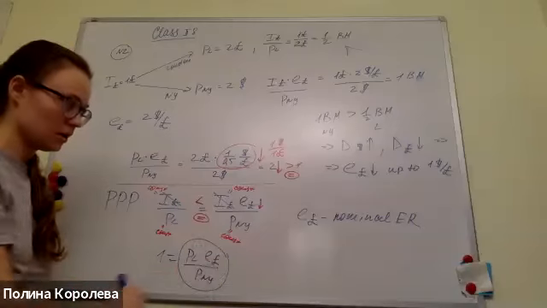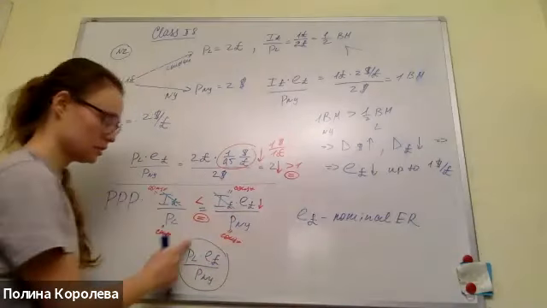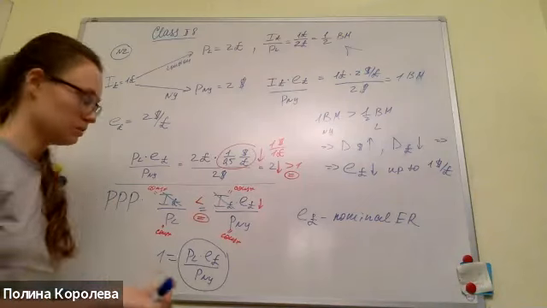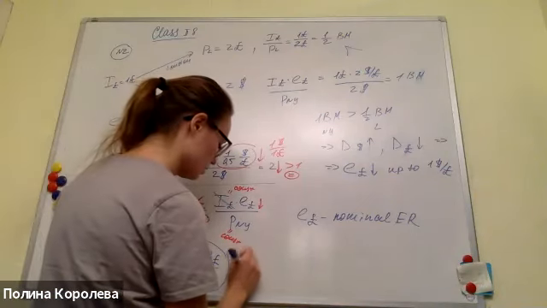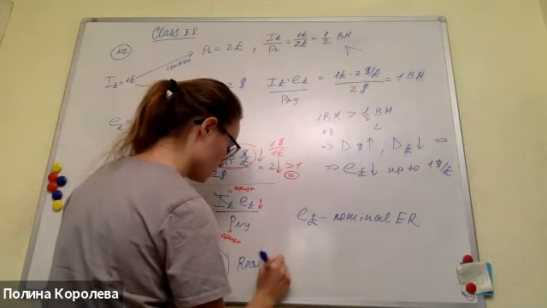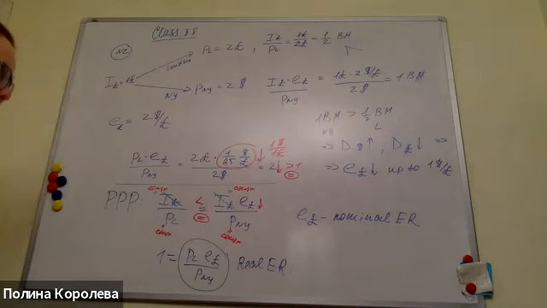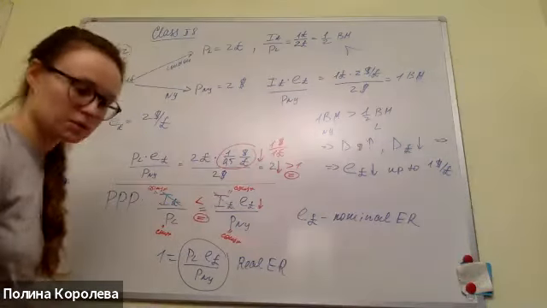This is the nominal exchange rate, and this is the real exchange rate. It's how many goods we can buy, goods per good. So it's the real exchange rate.